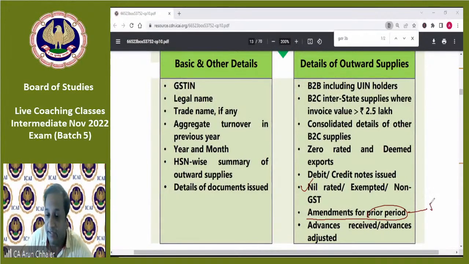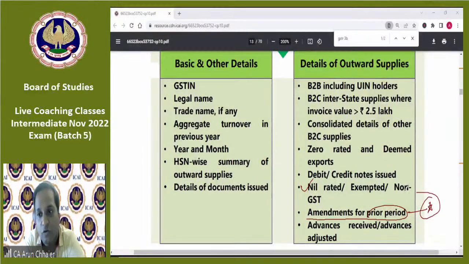What is that? See, one thing is important. In the GST, you cannot file the revised return. For example, I have filed the return for the month of July. Suppose there is a mistake, what is the solution? You cannot file the revised return for the month of July. Filed means filed.